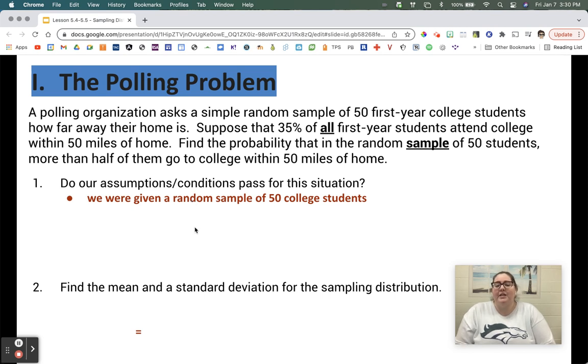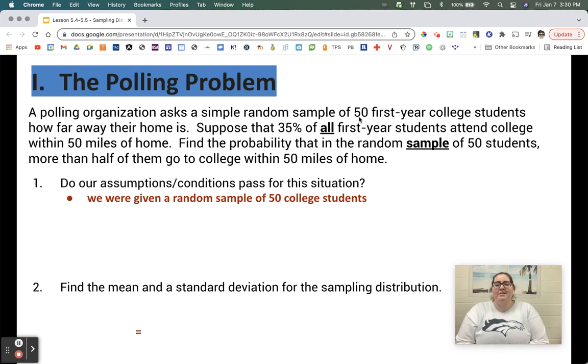Our second condition is the 10% rule, which checks for independence between trials. I need to check whether our sample size of 50 is less than 10% of the entire population. You could also do it the other way: is our population at least 10 times the sample? That's usually an assumption we make.